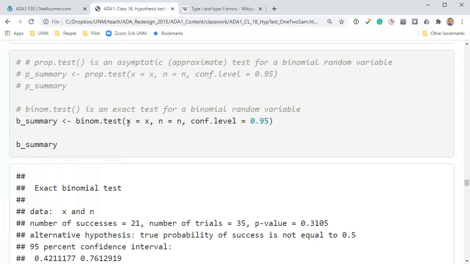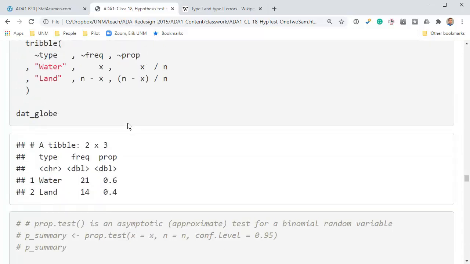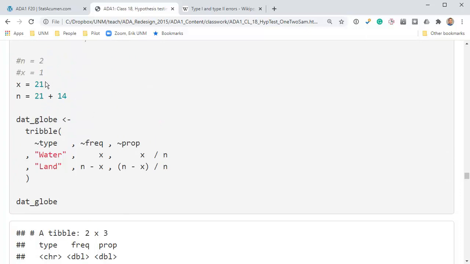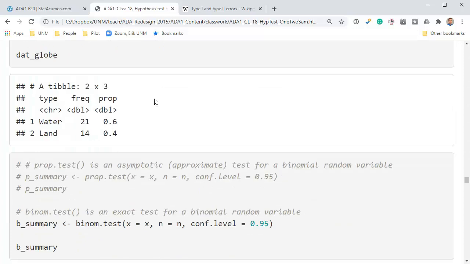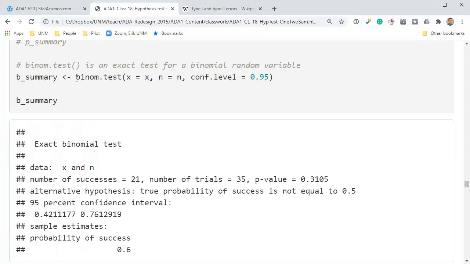We've got x, the number of successes, and n, the total number of trials. So in the binomial test, x is 21, the number of successes, and the output is down here. The number of trials was 35, and I'm specifying a confidence level of 95%.